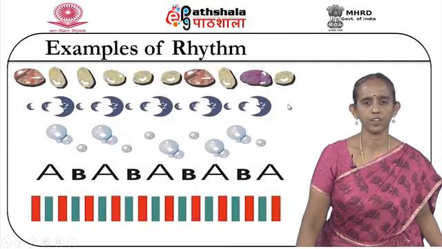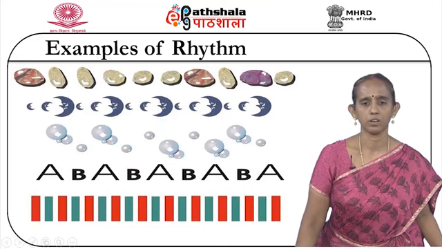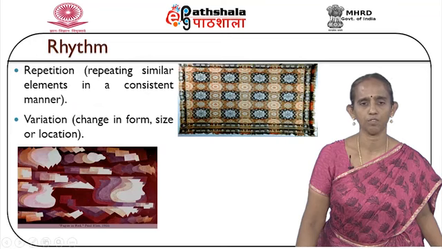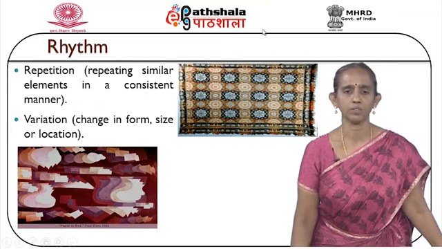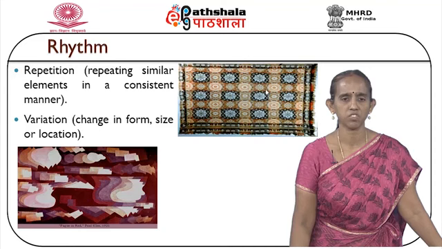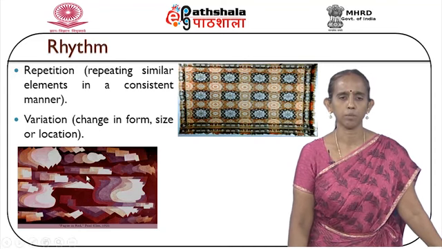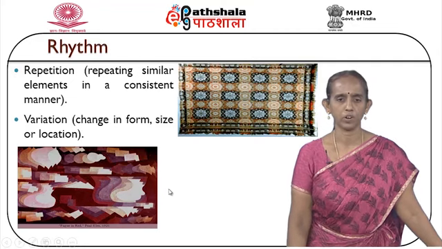If you look at this bubble, it conveys a feeling of motion within itself. In this example, a particular pattern is repeated many times, and here the same pattern is repeated but with varying form, size and location.